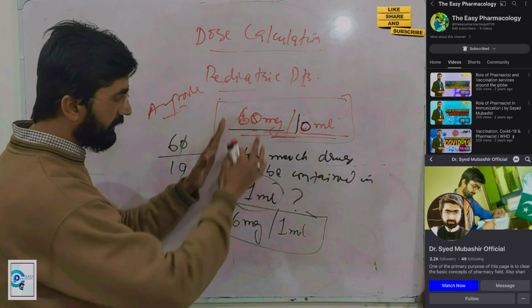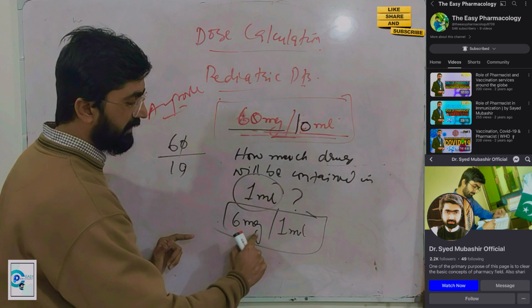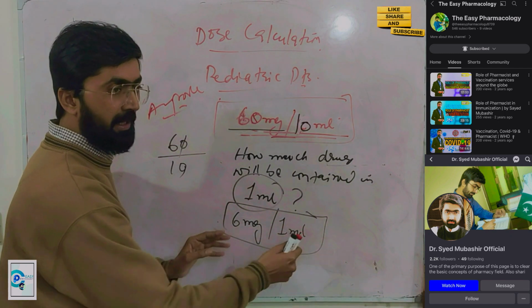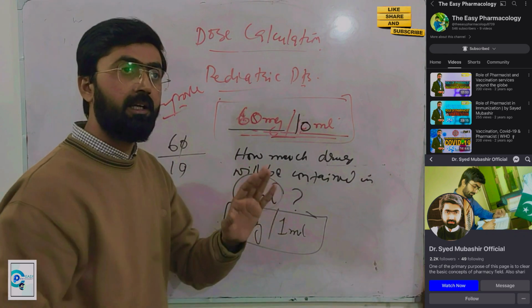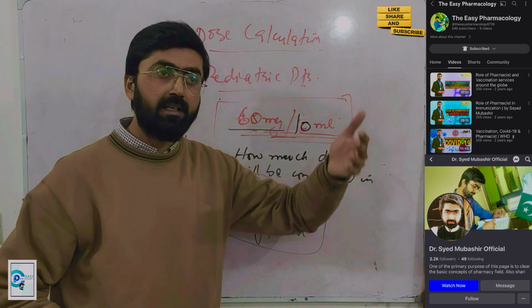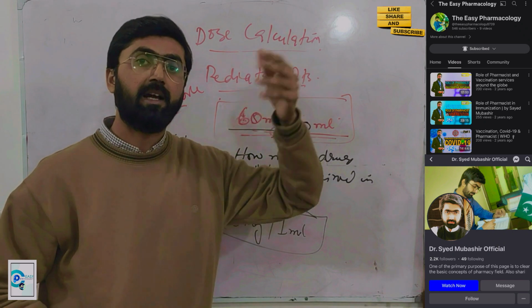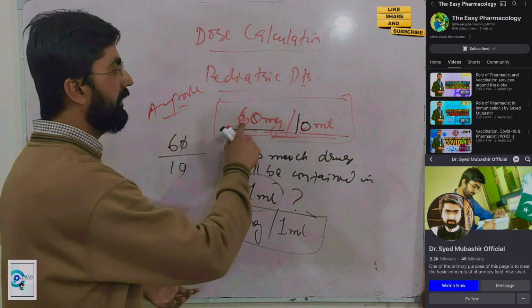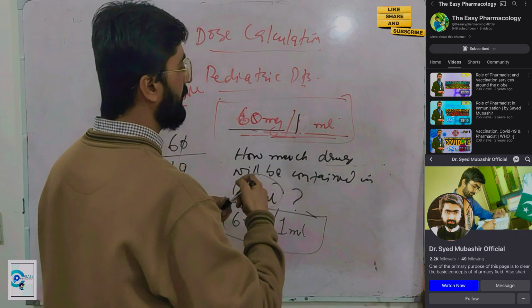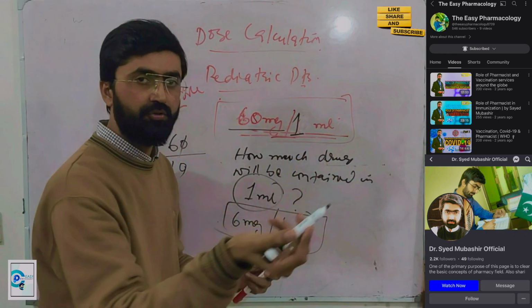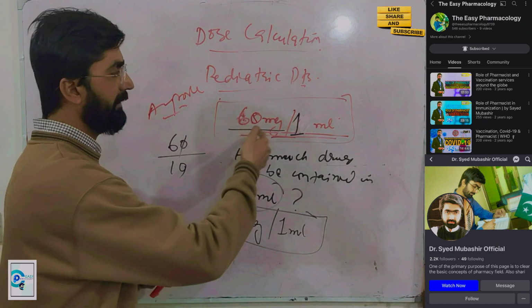Okay, so in this situation 6 milligram will be in 1 ml, but from this situation you have calculated this one. But if the strength available is already 60 milligram in 1 ml, that might be the already made situation over there.